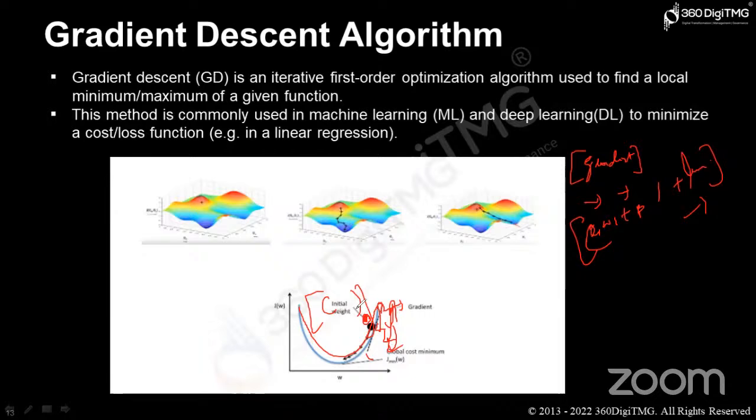This is because it is a minimization algorithm that minimizes a given function. We have seen the different activation functions, and we add the activation function during the calculation.